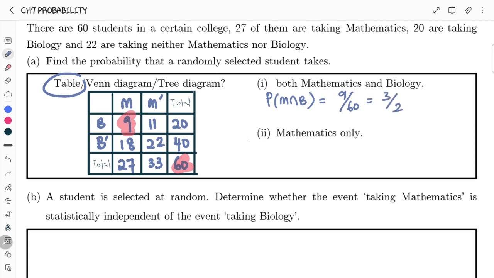So 3/20. And then math only, meaning taking math without biology. You can see from the table, taking math without taking biology, that is 18. So 18 over 60, you get 2 over 3.